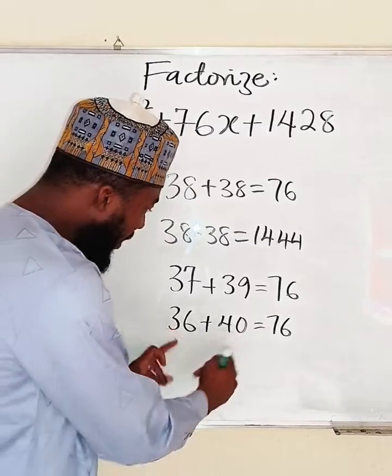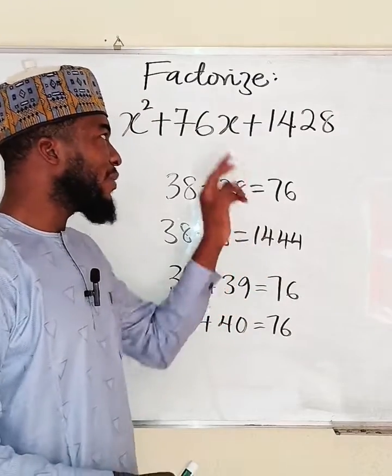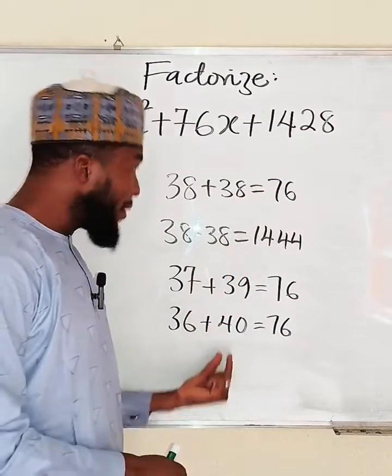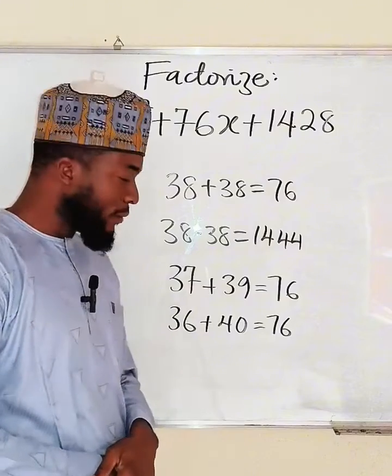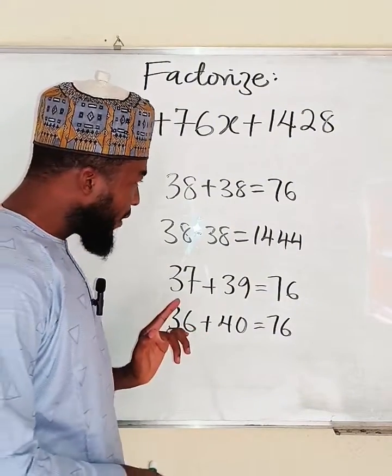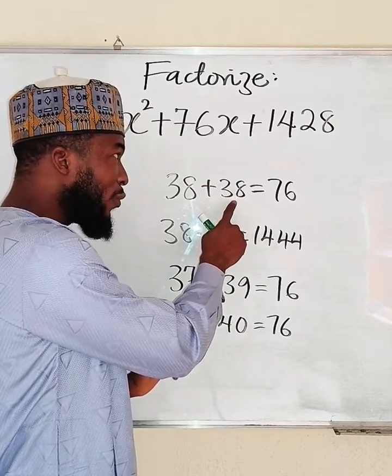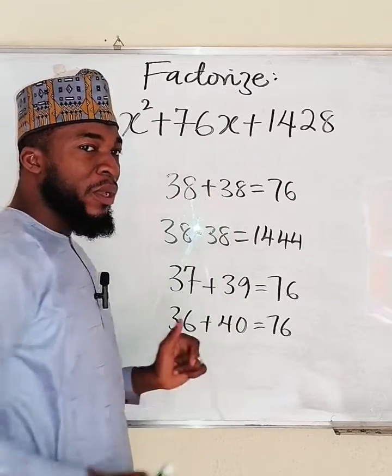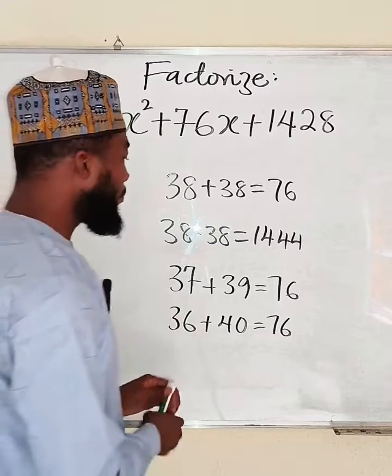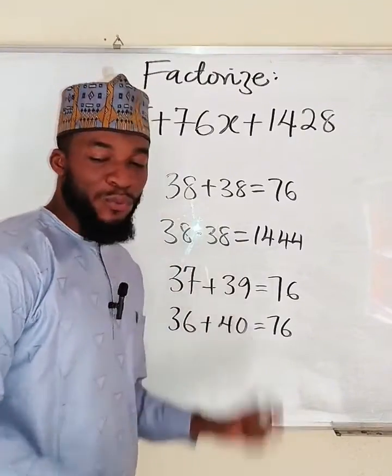But we need a pair that will give us the constant as a product. But since we know that removing the same quantity and adding the same quantity to the other term will give us the same sum, let us come up with an idea. Let that number be u.